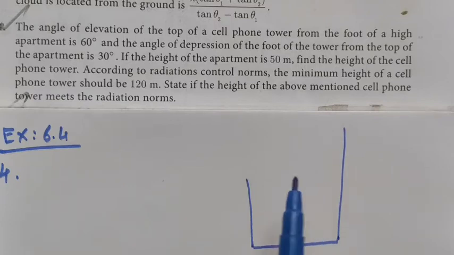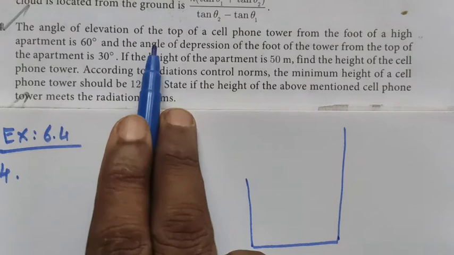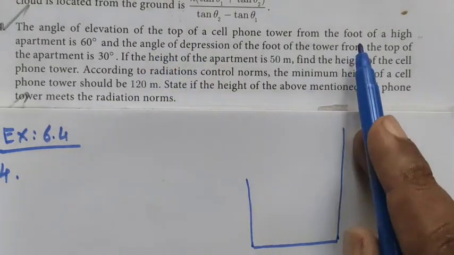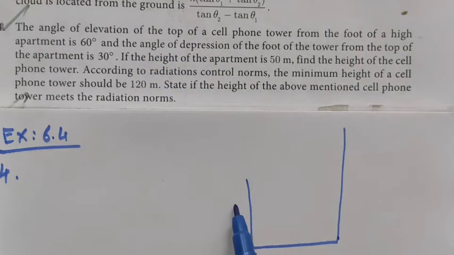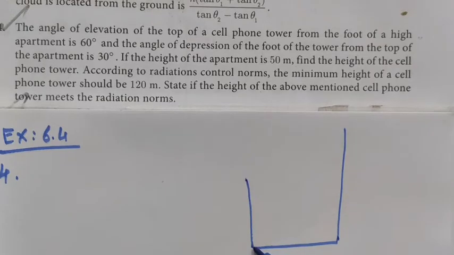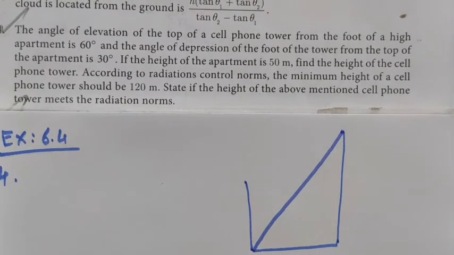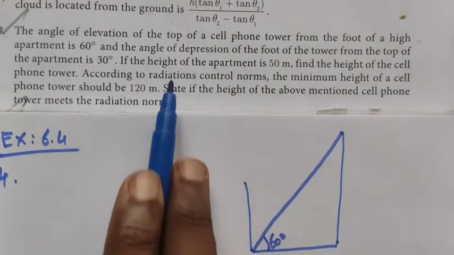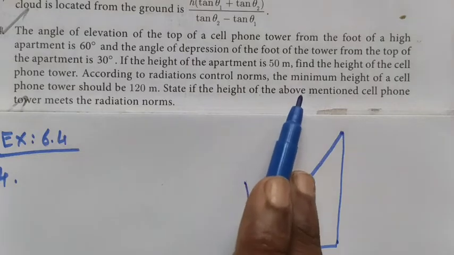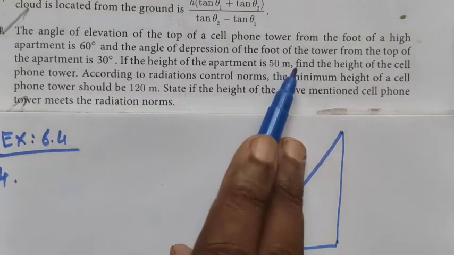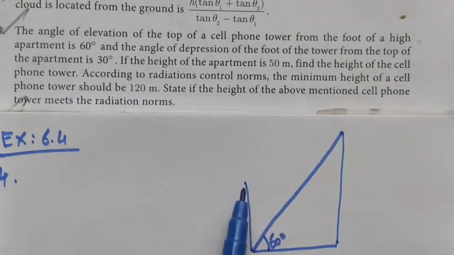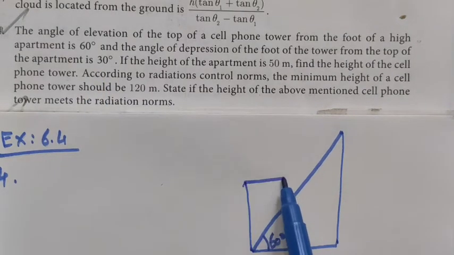First condition is the angle of elevation of the top of the cell phone tower from the foot of the apartment is 60 degree, and the angle of depression of the foot of the tower from the top of the apartment, this is the horizontal line.